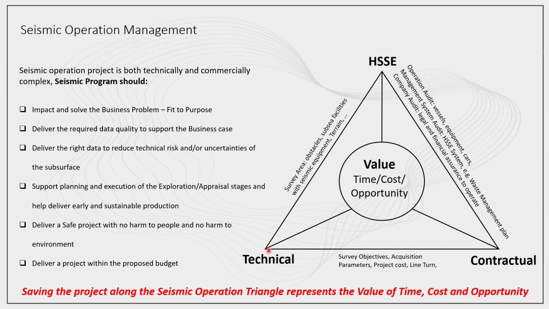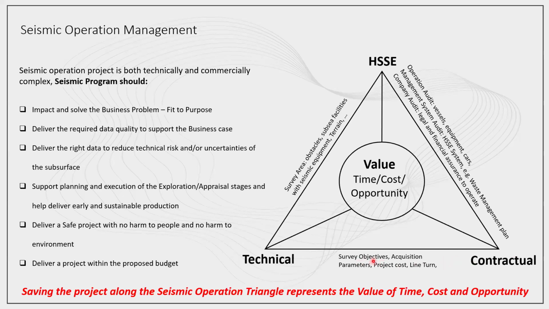The third part of the triangle is the contractual part. And why the contractual? Because it's the main controller and the main deliverer of the project, and it's handling the projects with all other disciplines. If we take a look between the technical and contractual, what are the survey objectives?